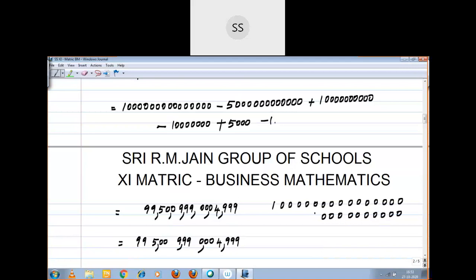Next term is what? Minus. First I will add the positives, right? Next, here how many zeros are there? 10 zeros are there. So you should write it in the reverse order, then only it is easy. 3, 4, 5, 6, 7, 8, 9, 10, then it becomes 1.